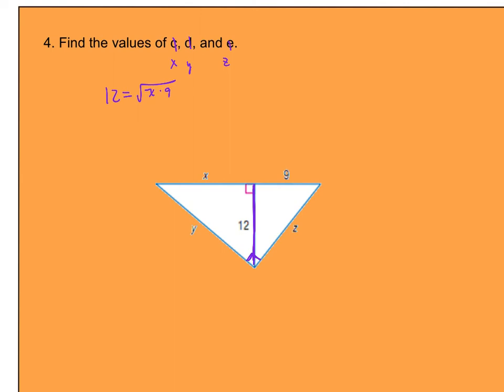So now how do I solve that? Well, I would square both sides. So 144 equals 9X. Divide by 9, divide by 9. So X is going to equal 16. Pretty easy, 16. So now how can I figure out Z? Well, Z is over here.